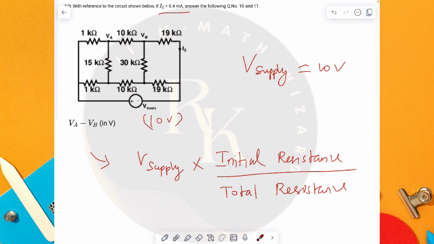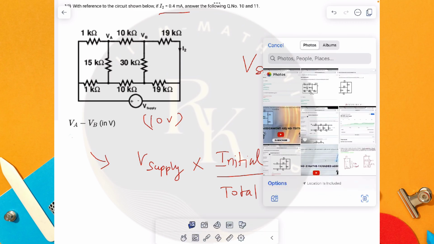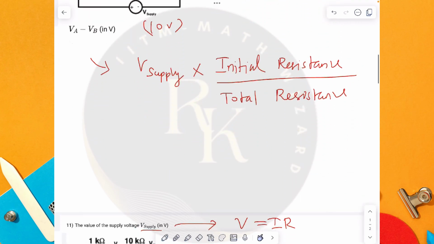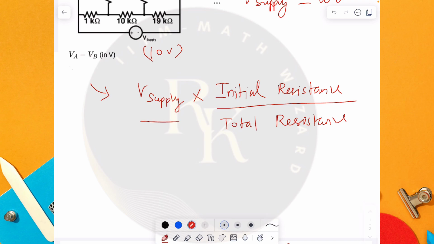And what is the total voltage supply? So substitute the values. The initial resistance is 10 kilo ohm again, and the total resistance is 30.